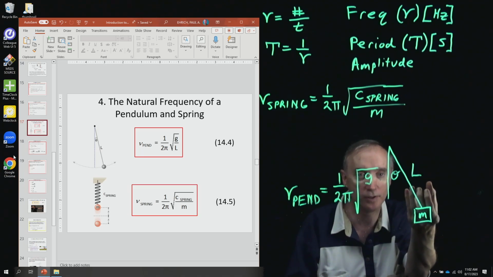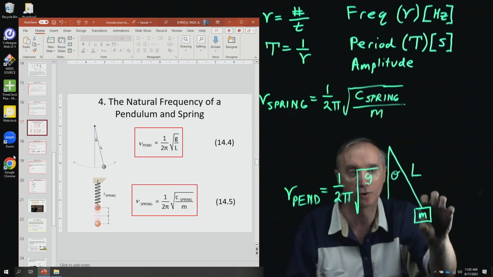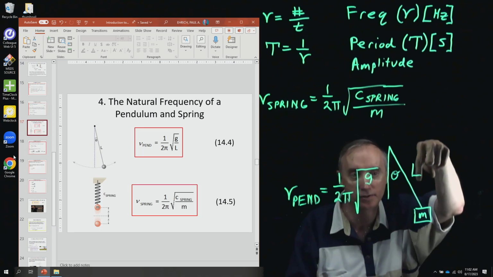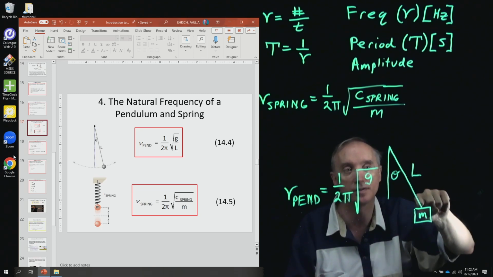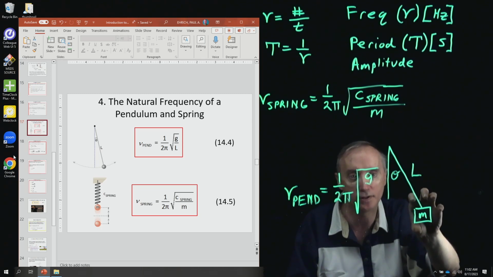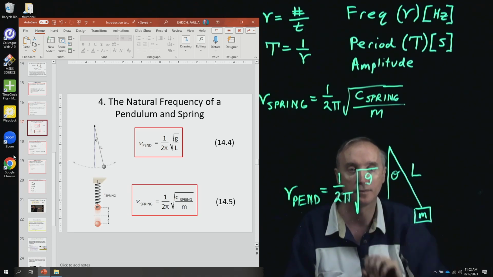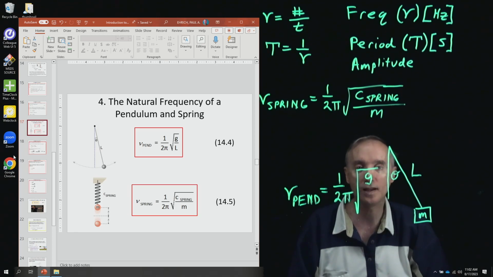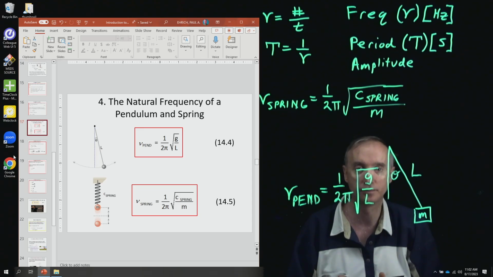Gravity is what's going to be pulling this pendulum down. The force of gravity acting on this mass is going to try to pull it down, but the problem is it's attached to the string. So instead of going straight down, it's going to move in a curving arc, and it's going to go back and forth. It's also going to depend on the length of the string.